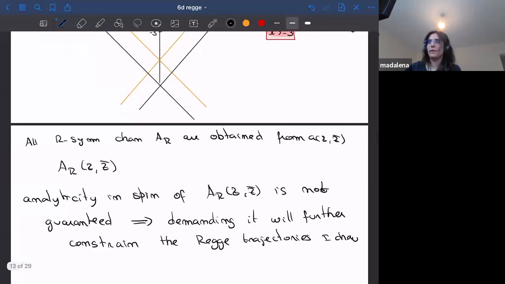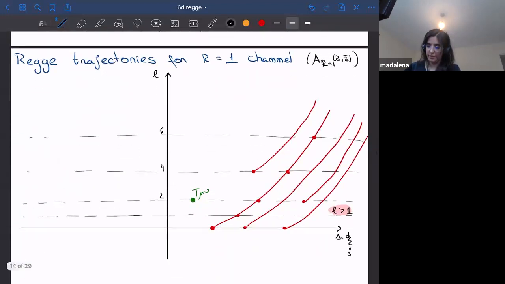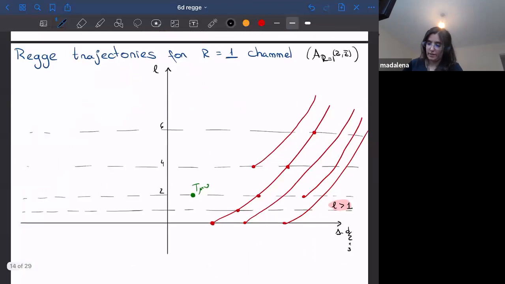So for example, let me look at the R-symmetry singlet channel, and let me start drawing Regge trajectories there.